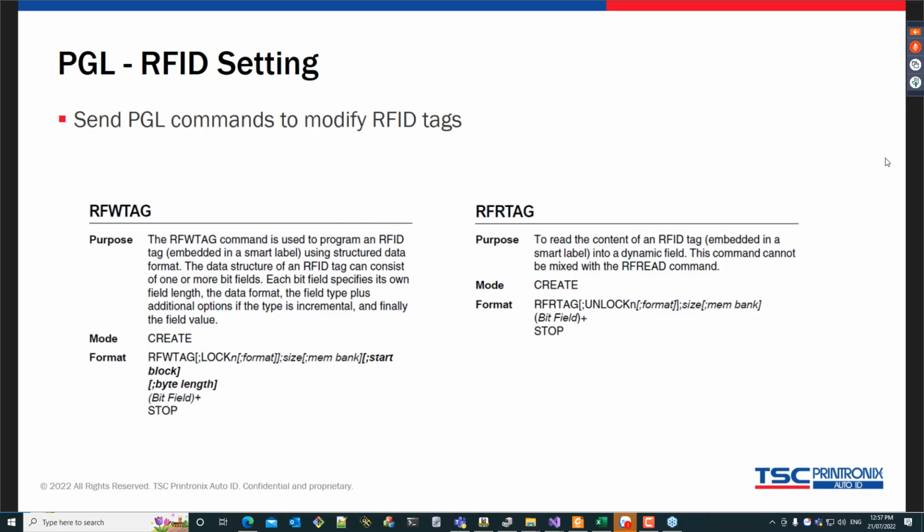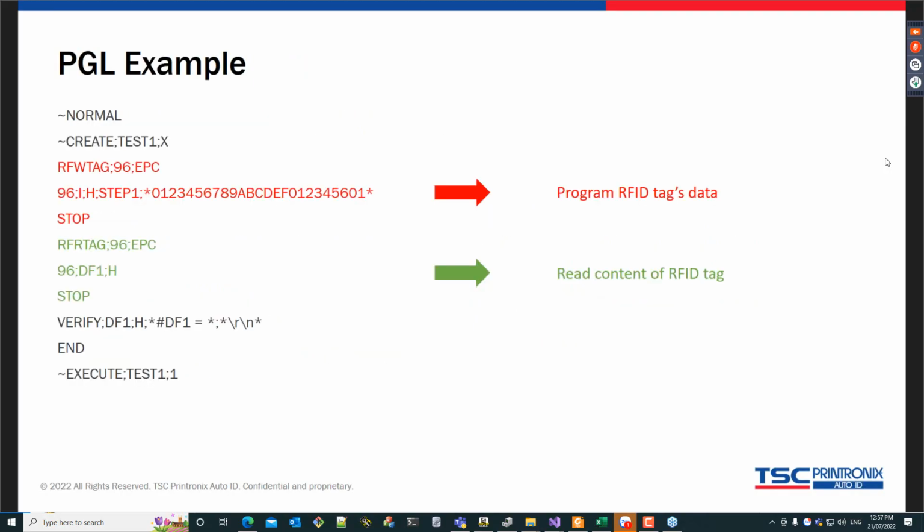And next, I'm going to share an example about how we use the RFID programming language in our tool. Here's the print job of the RFID tag. You can see that we use the normal commands to create the Printronix print job. After that, in the right area, we use the RF write tag command to program the RFID tag data.